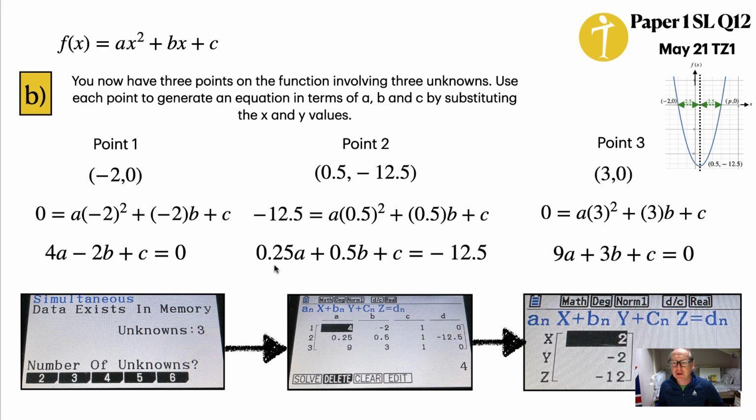For the second one, I'm going to put in 0.25, 0.5, and 1, and then minus 12.5 is the answer. And then for the third row, I'll have 9, 3, and 1. And then I just have to solve, and I get the answer that A is 2, B is minus 2, and C is minus 12. And now I've completed part B of that question.